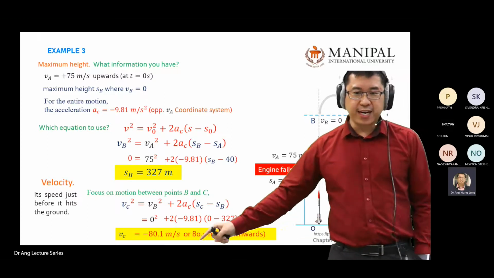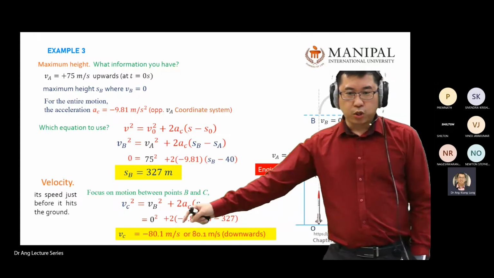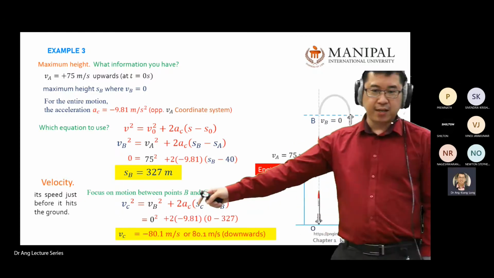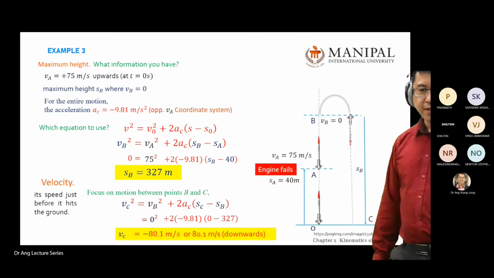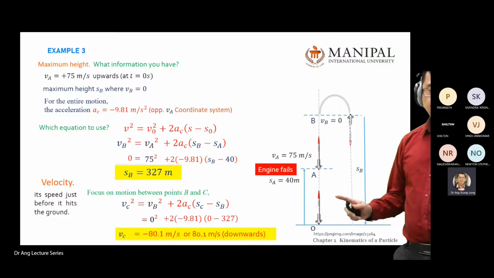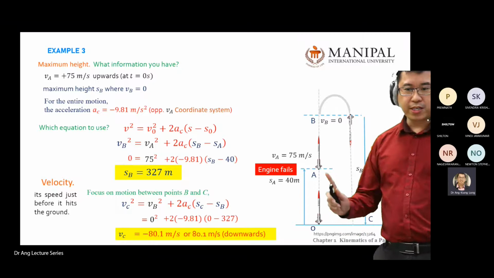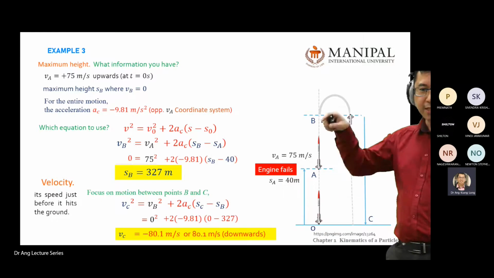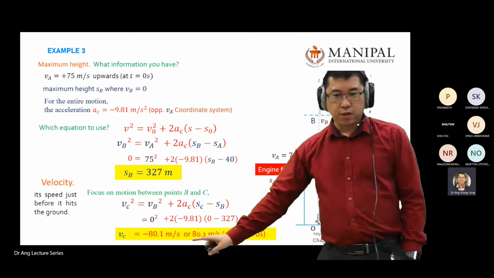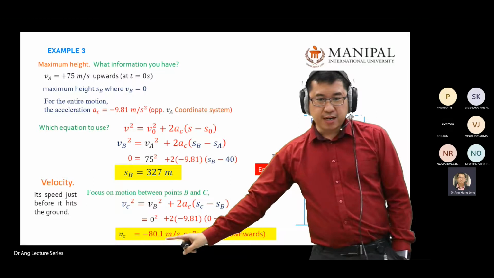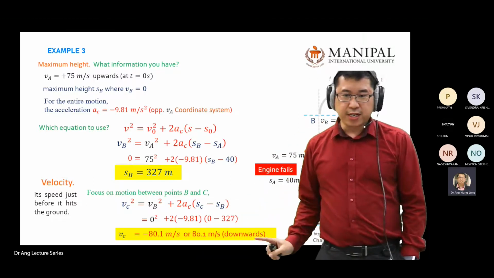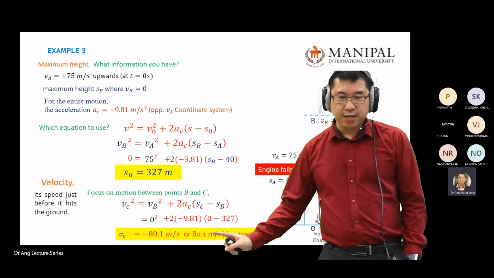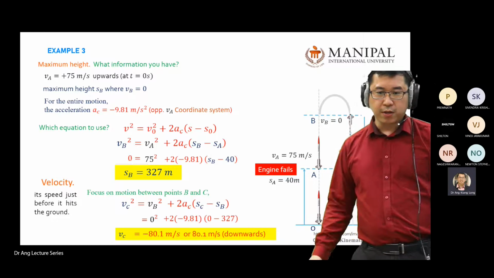So after you find the answer negative, you need to explain what is meant by negative. VC you get negative, and because we understand all direction going up is positive, the velocity negative means it goes down. So you write this one negative and the direction is going downwards. Or you write 80.1 meter per second bracket downwards.